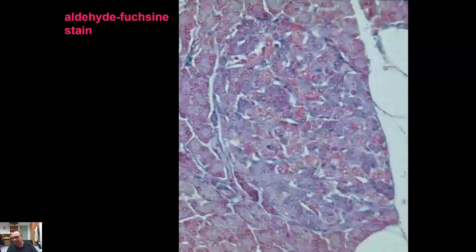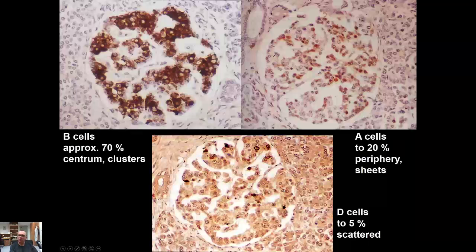Some cells are red and other cells are blue, and there is also the third population of cells which don't stain well by aldehyde fuchsine. So according to this staining, it seems that there are three populations of cells here in this islet.